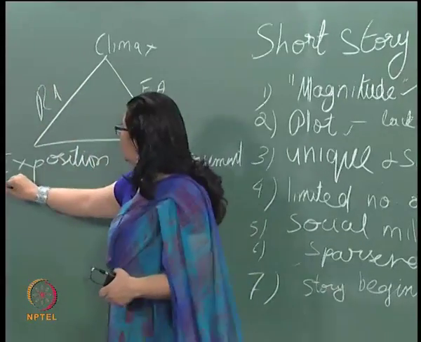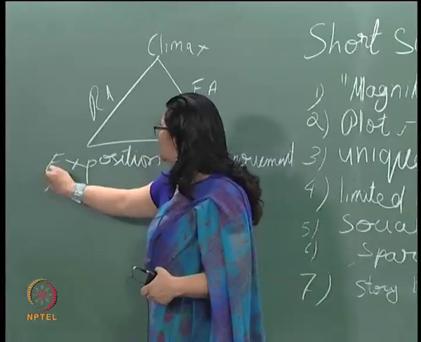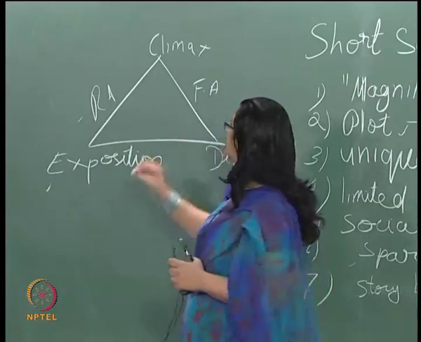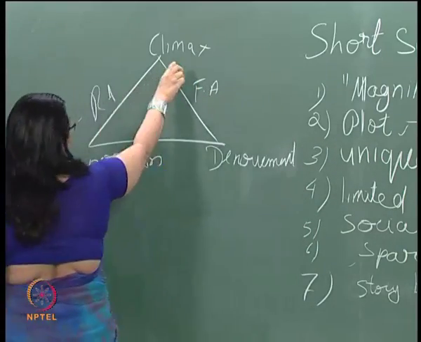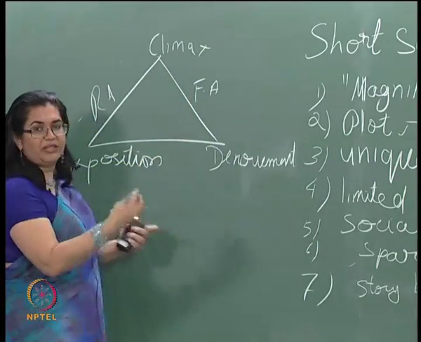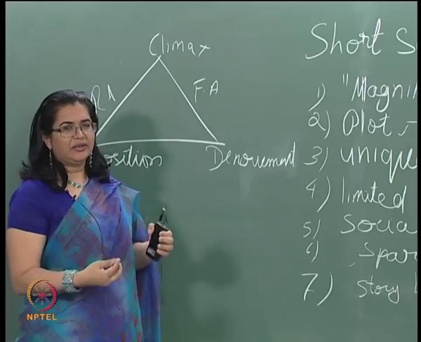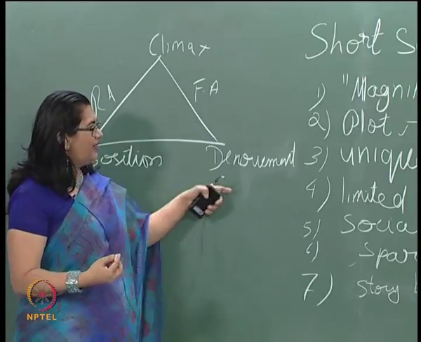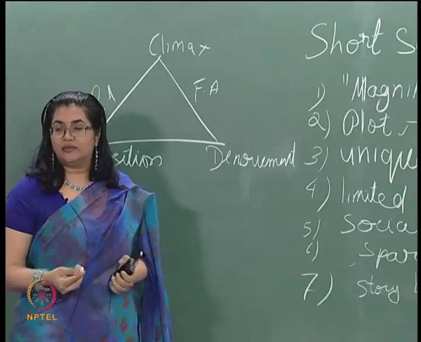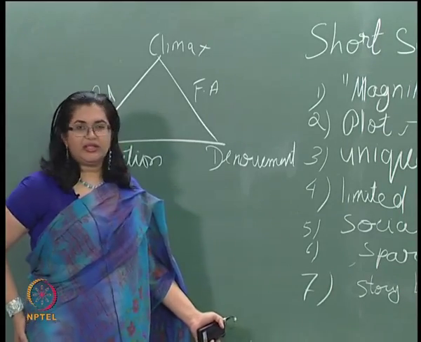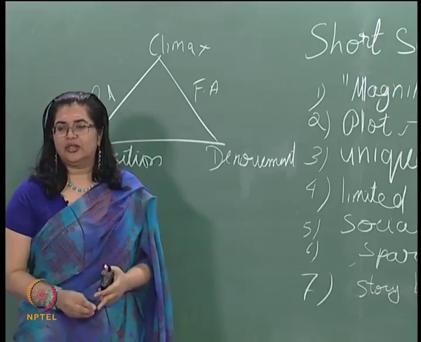That means there is very little, almost negligible, exposition and rising action. In a short story you come to the climax soon, you begin from the climax, you go on to the falling action, and the denouement has to be achieved fast, because a short story writer does not have the luxury of time.